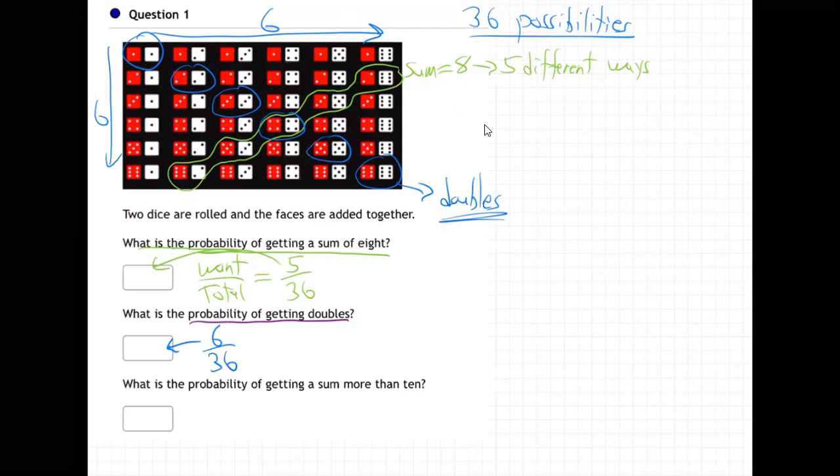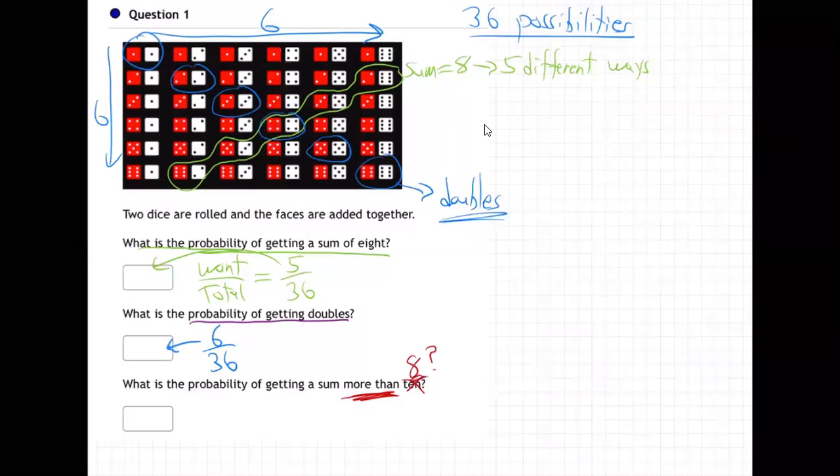They don't care. And their final question is, what's the probability of getting a sum more than 10? Now let me change the question a little bit. That one's too easy. What if they said more than 8? Let me change that. So what if they said, what's the probability of getting a sum more than 8?